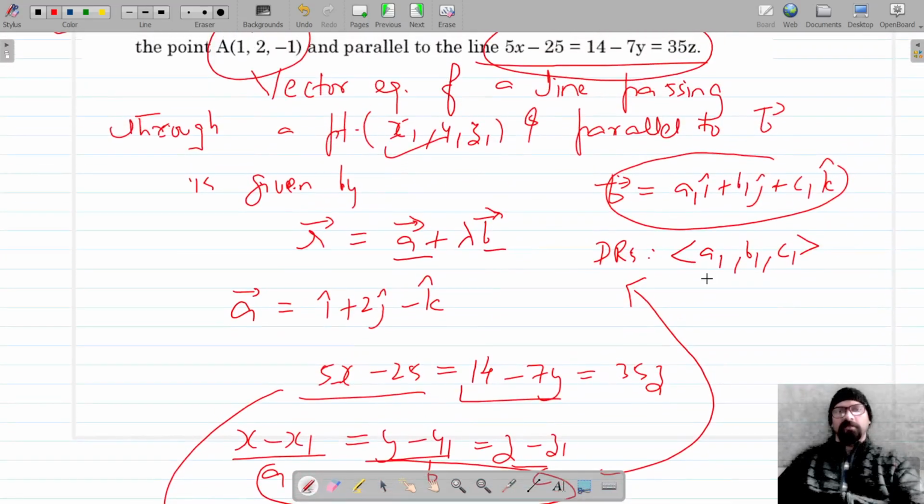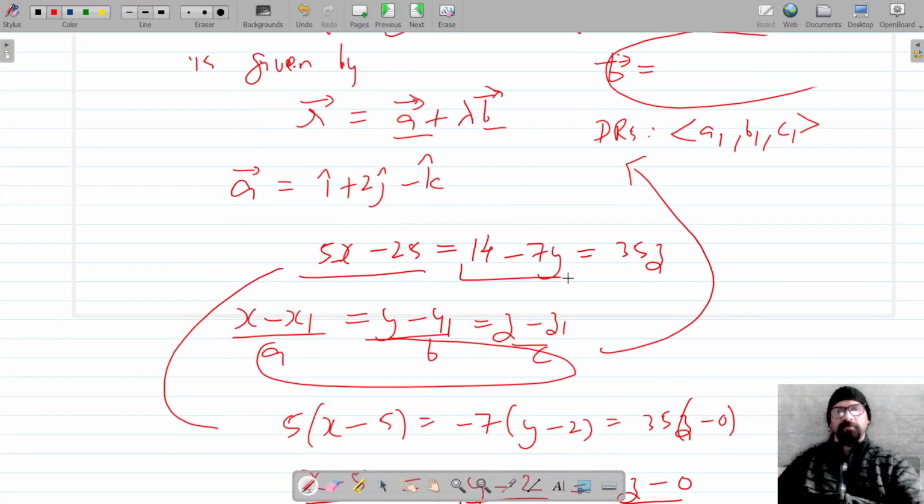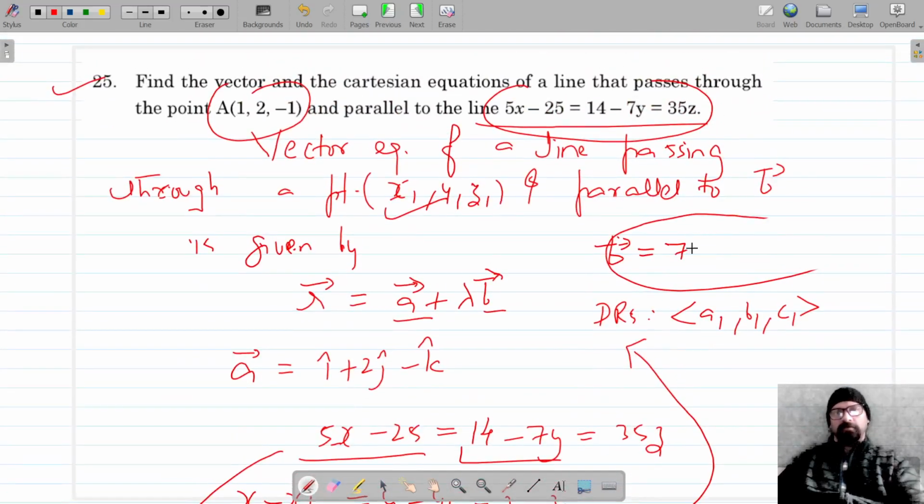So that means the b vector is 7 I cap minus 5 j cap plus k cap.